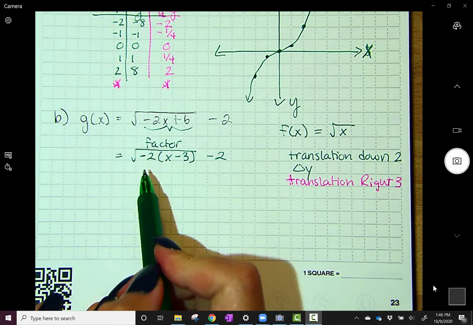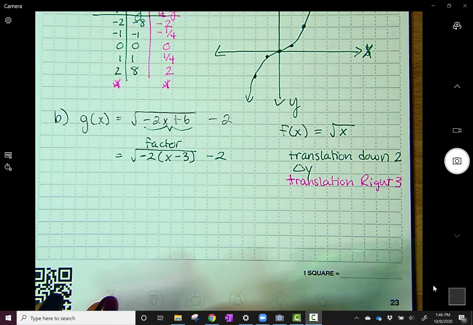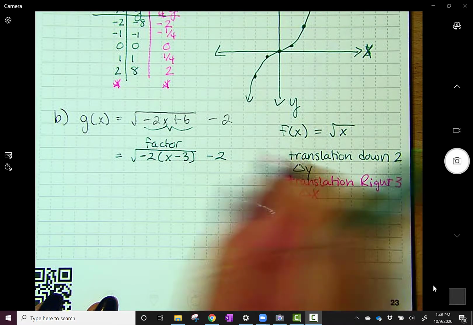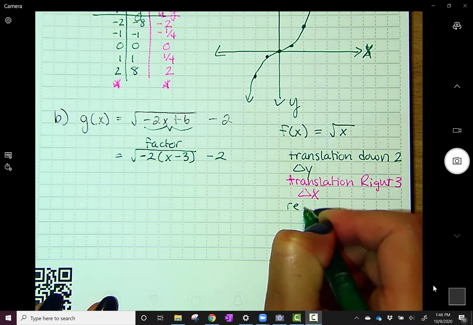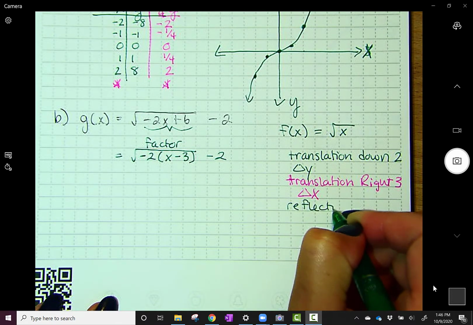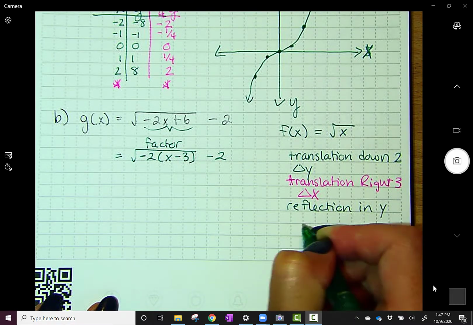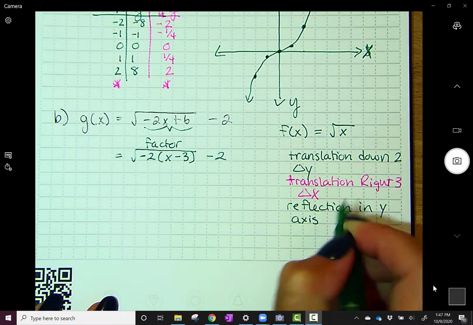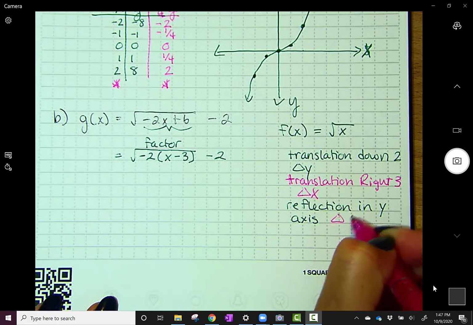The negative that's on the inside, this changes our x values. The negative that's on the inside is a reflection in the y-axis. And a reflection in the y-axis, that changes our x's.